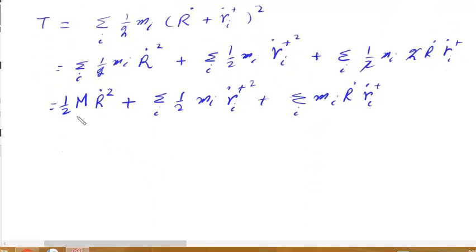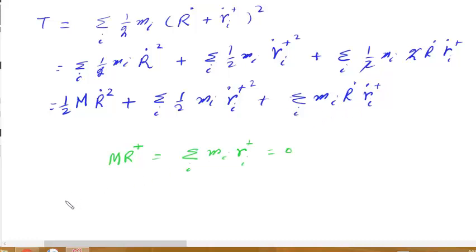We know that the summation of m_i r prime i, about the center of mass, is equal to 0, so this term goes to 0.